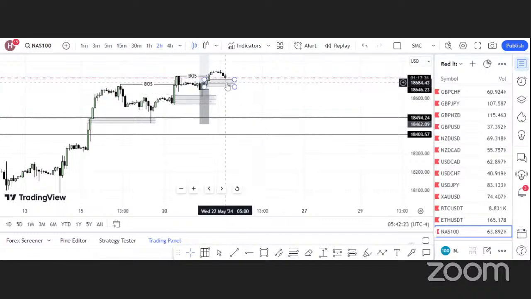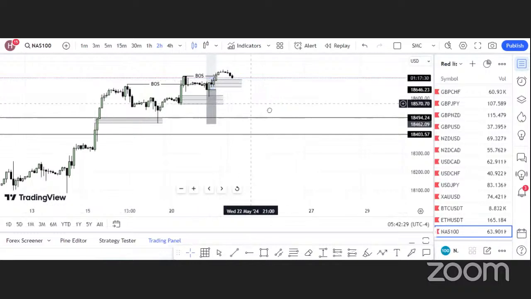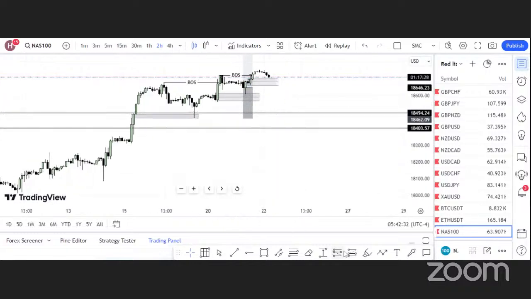All right. So if we get a rejection from here, then we'll be looking to open a buy position from this point.